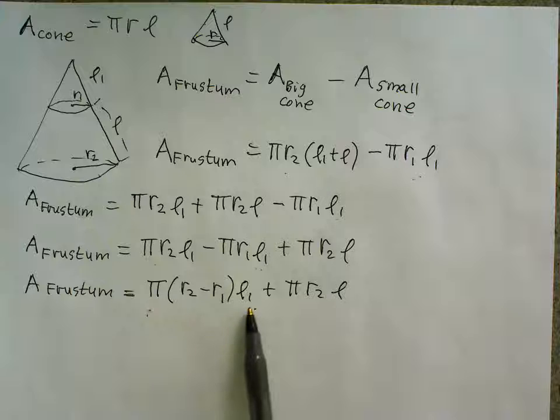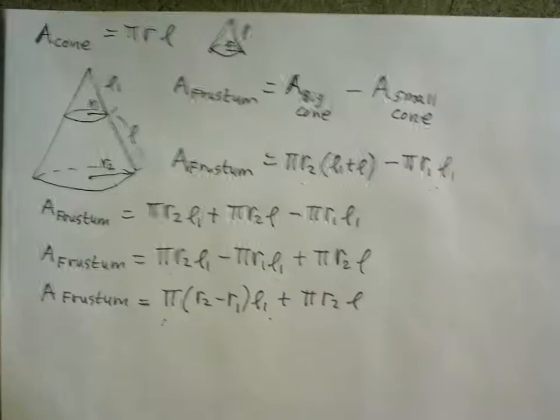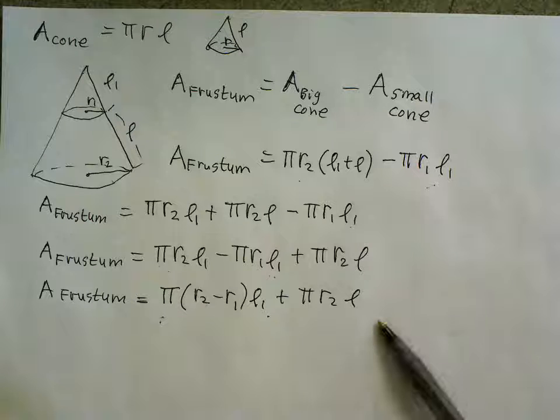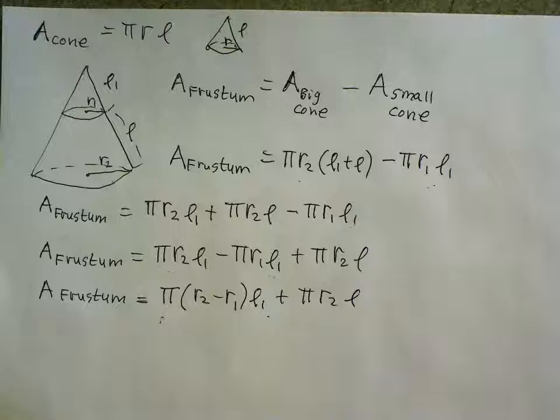But if we can find a way to replace L sub 1 with something that it's equal to, so that we get an area of the frustum in terms of r sub 1, r sub 2, and L only, that would be preferable. Okay, the way we're going to do that is by using similar triangles.